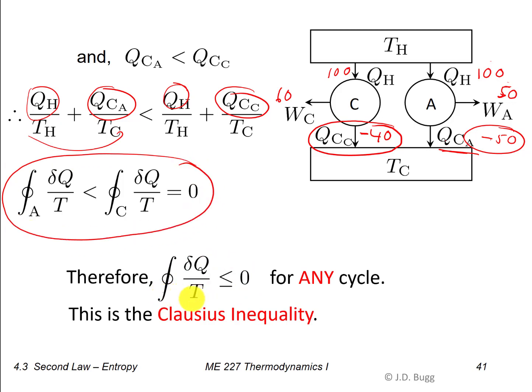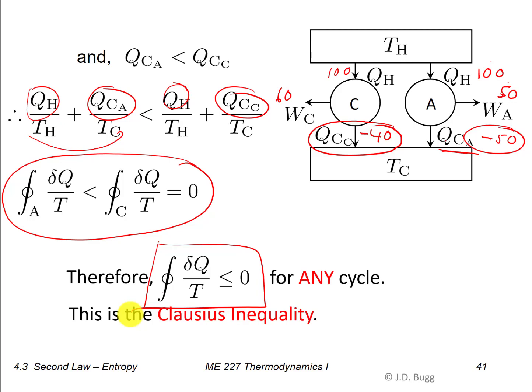If this happens to be a Carnot cycle, then it's the equality that is in play here, and that is equal to 0. But if this happens to be any real cycle, then its value is going to be less than 0. So the Clausius inequality says that the integral of delta Q over T is less than or equal to 0 for any cycle.